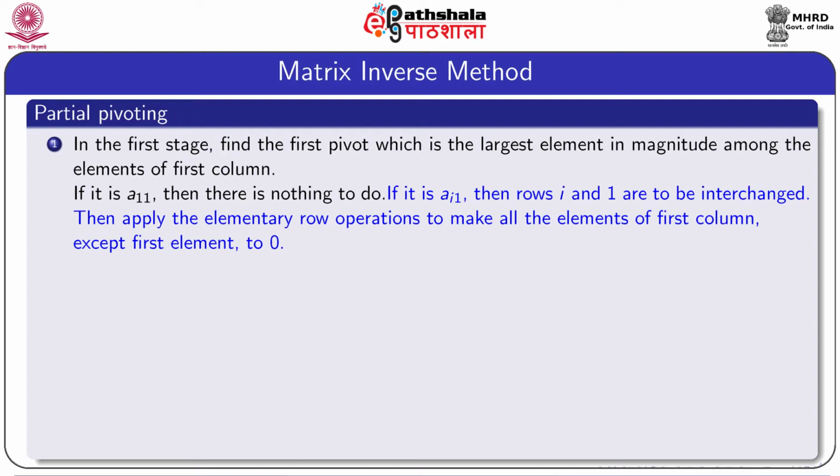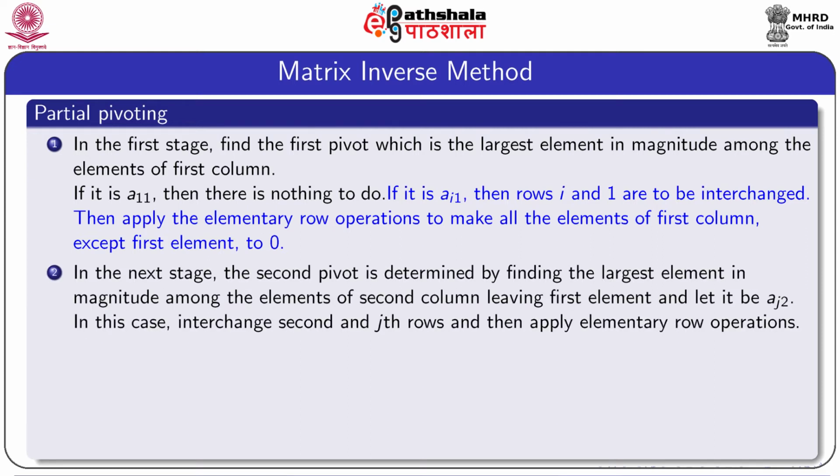If it is a_11, there is nothing to do. But if it is a_i1, that means i is not equal to 1, then rows 1 and i are to be interchanged. Then apply the elementary row operation to make all the elements of the first column except the first element 0.